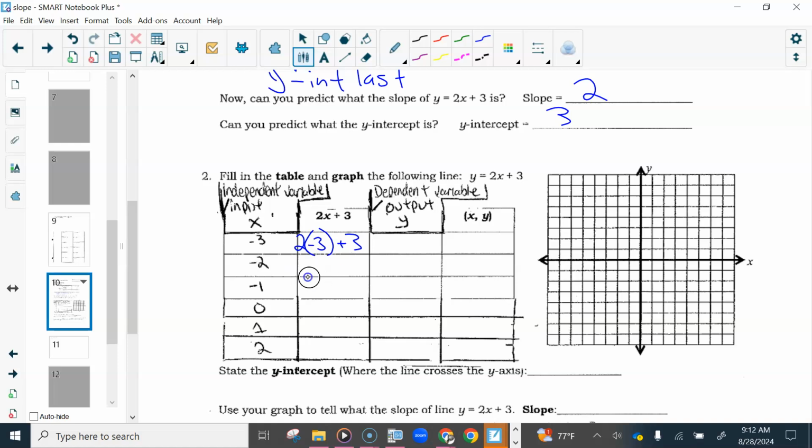So 2 times negative 3 would give us negative 6. And negative 6 plus 3 would give us negative 3. So I could put that input and that output together in this ordered pair, negative 3, negative 3. And then plot that point.